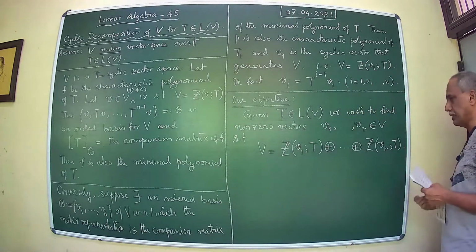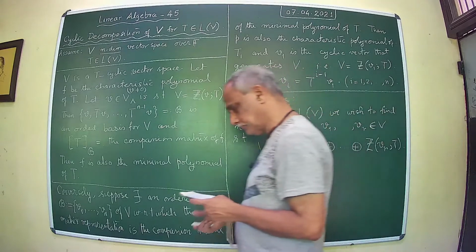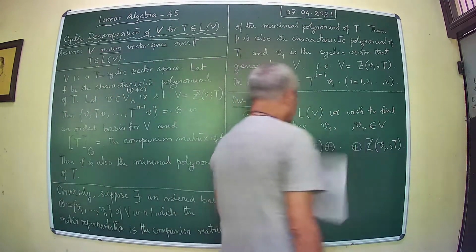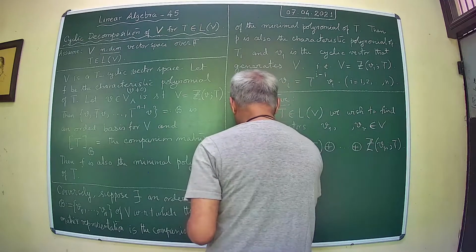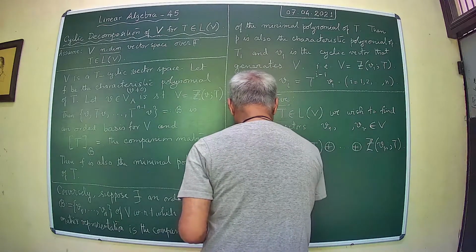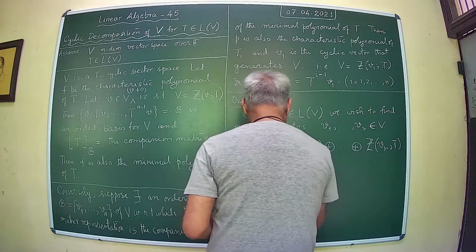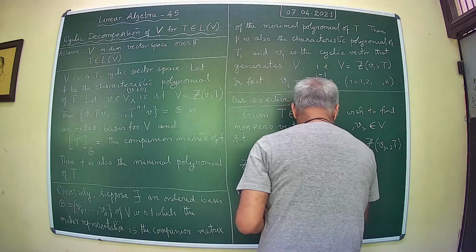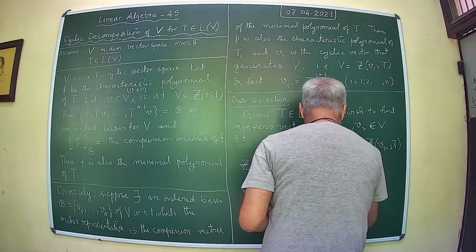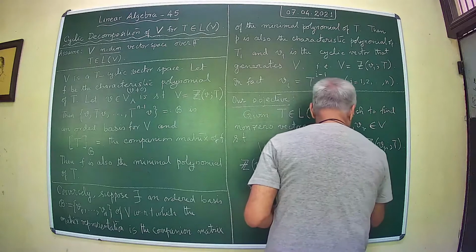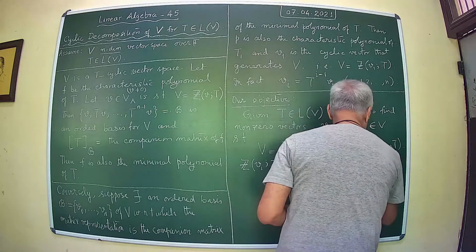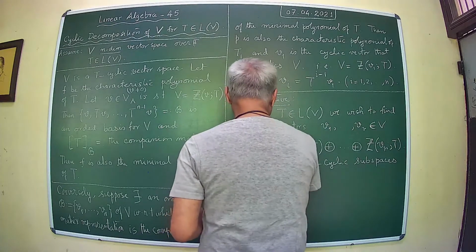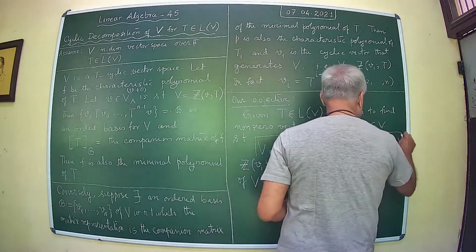This is the breakup that you want to have, so these are all T-cyclic subspaces.